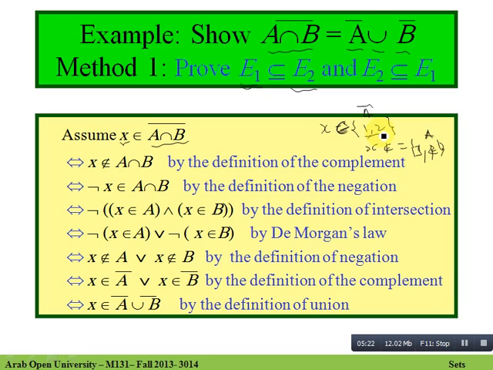So here it means that if X belongs to A intersection B whole complement, then X does not belong to A intersection B by the definition of complement.